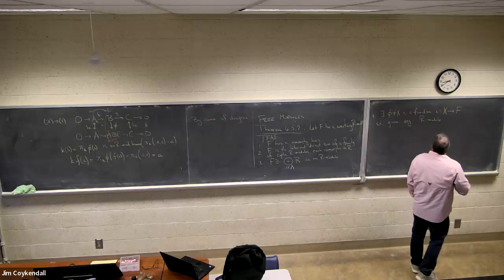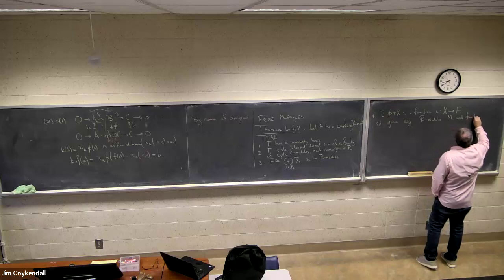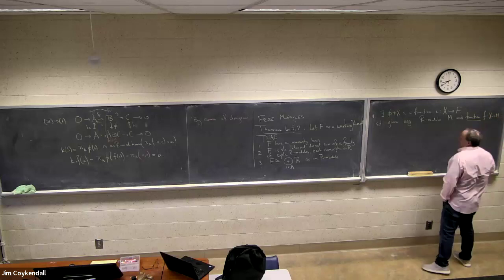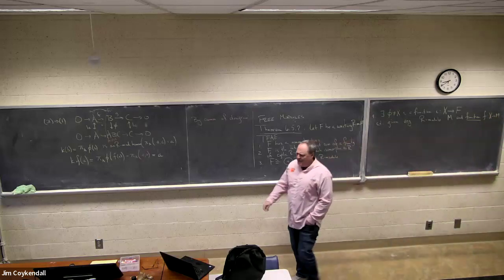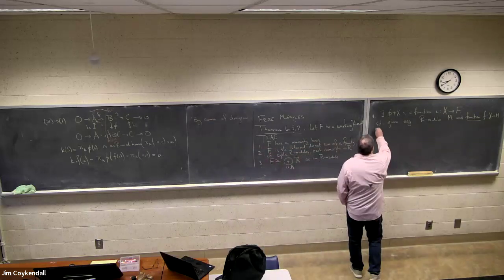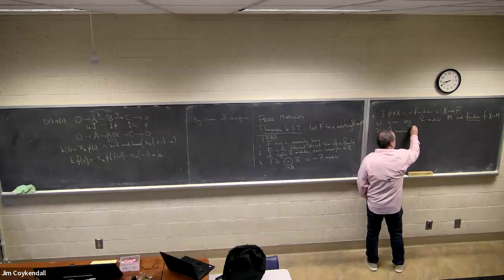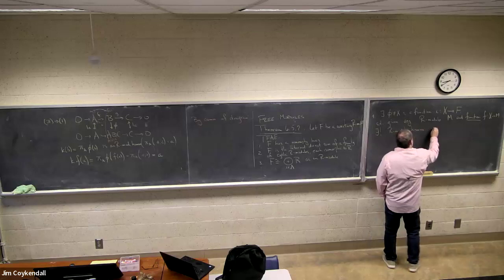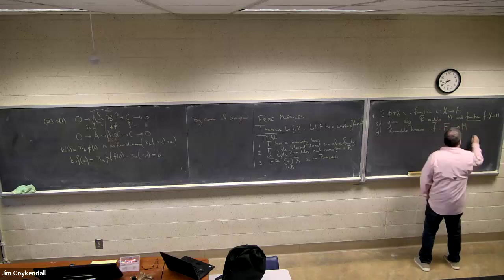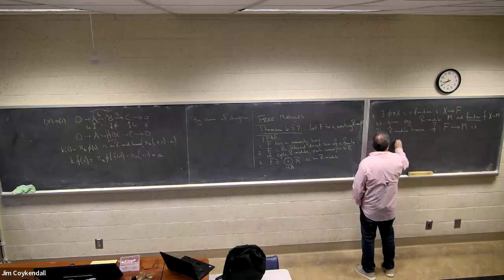and all my modules are unitary. Any R module M and function, no structure, just a function, f from X to M, there exists a unique R module homomorphism f bar from F to M, such that f bar iota is f.